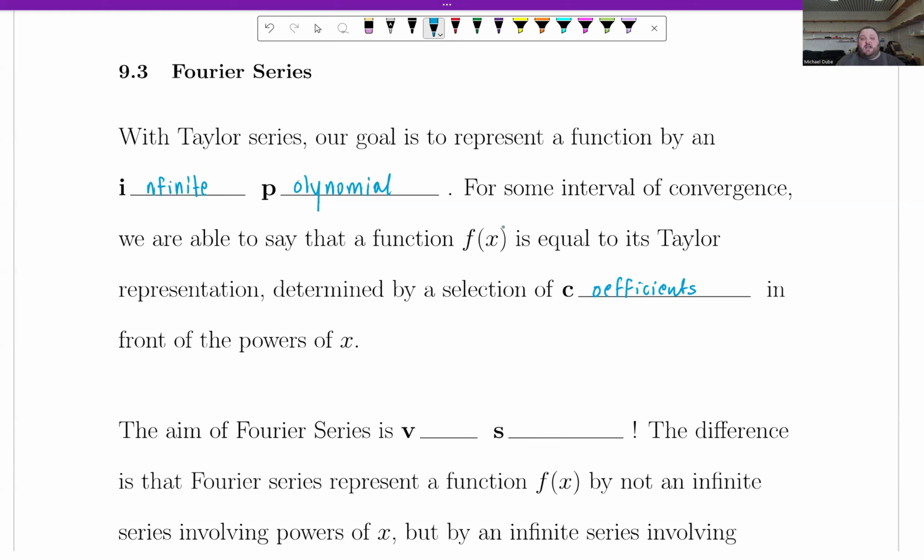We looked a lot at using that when we did a power series solution to our DEs, right? And our goal was to find the values of those coefficients, right? And so we can represent any function as a Taylor series, and that itself is an infinite polynomial, so our problem becomes finding the values of those coefficients that appear in front of those various powers of x. Okay?